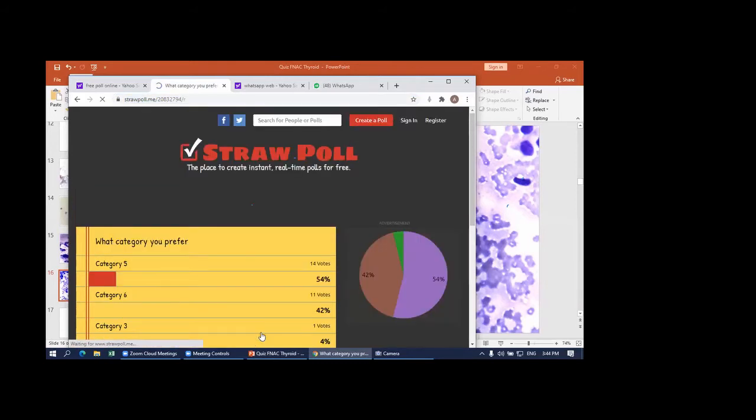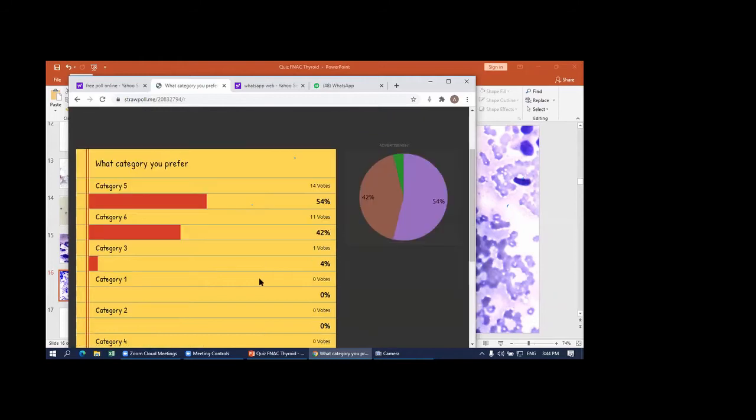Let's see the results. Majority of you put category 5, category 6 and category 3. I do not have the histology follow up for this case, but basically what I reported is category 5. I'm not confident enough to put it as PTC per se, because cellularity wise is not that great in PEP.